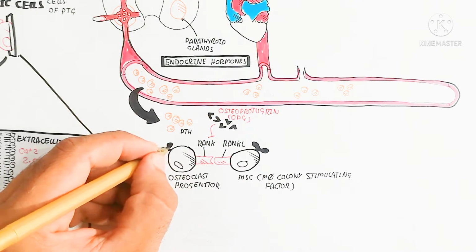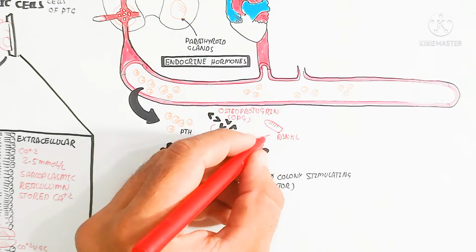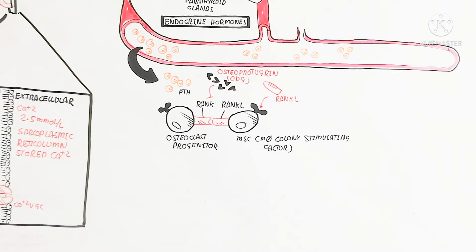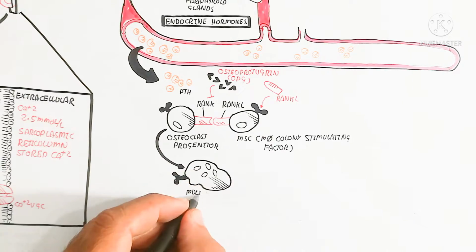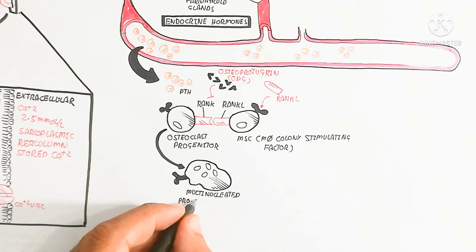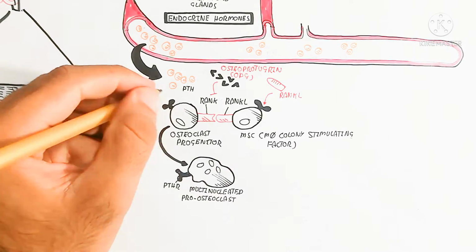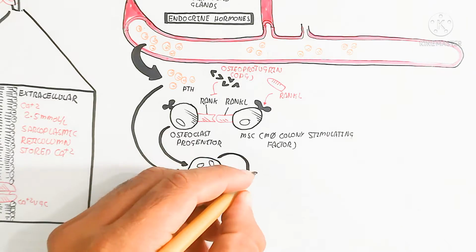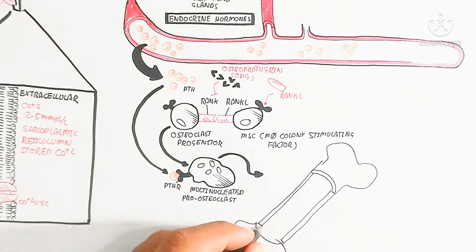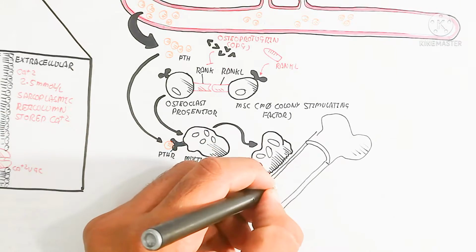The osteoprotegerin (OPG) protein can inhibit this process, but parathyroid hormone inhibits osteoprotegerin, meaning the RANK ligand receptor is present on the MSC cells. On the other hand, the parathyroid hormone receptor is formed in the multinucleated pro-osteoclast.